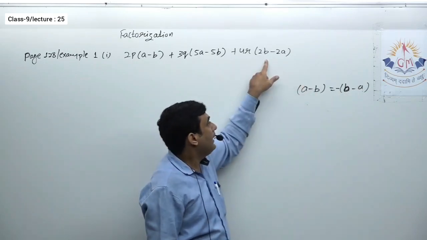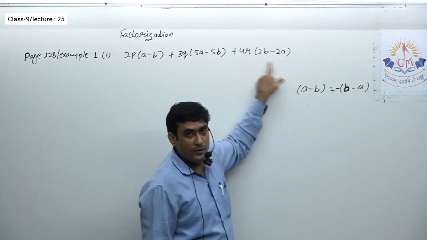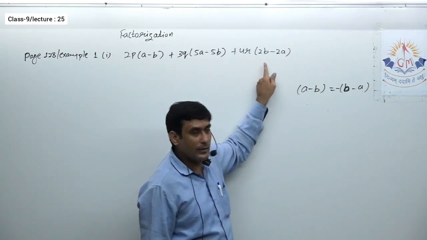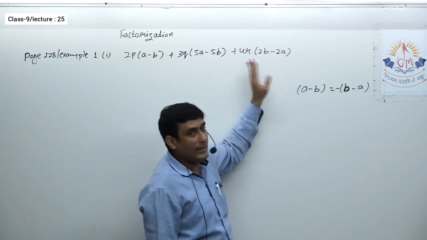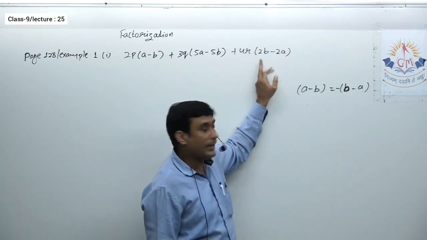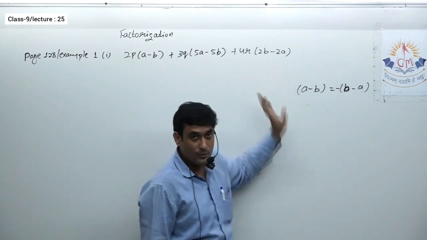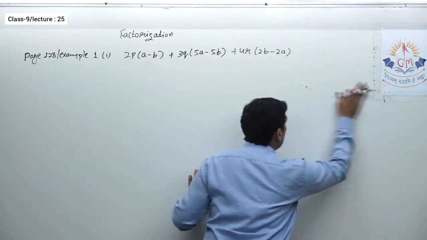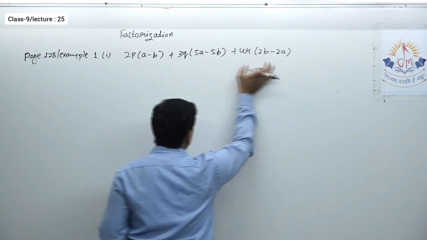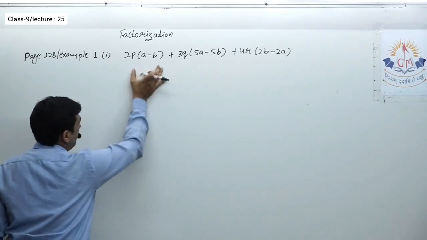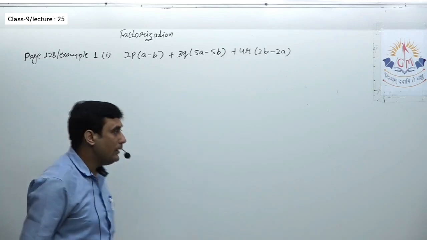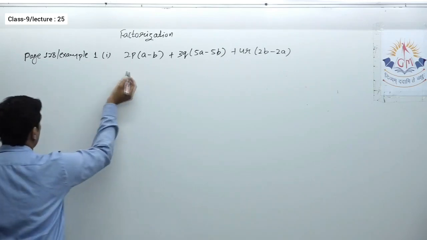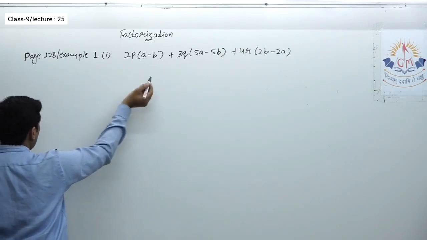So here, after taking common, I have b minus a, but I need a minus b. So instead of taking 2 common, I will take minus 2 common so that I can interchange these two terms. By doing so, I will get a minus b over here, a minus b over here, as well as a minus b over here, and then definitely it is easy to take (a minus b) common. So let us see its solution.